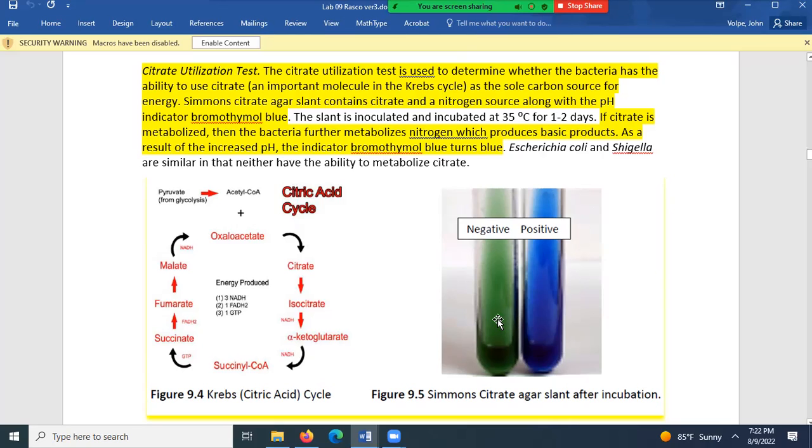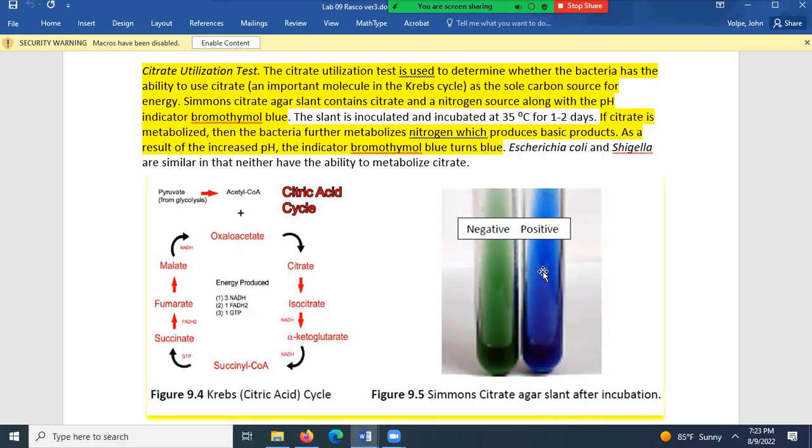If your organism does not change the color of the tube, which is green, and you have no growth on the tube, then it is citrate negative. If you have growth on the tube and the organism changes the color of the tube to blue, it is citrate positive.